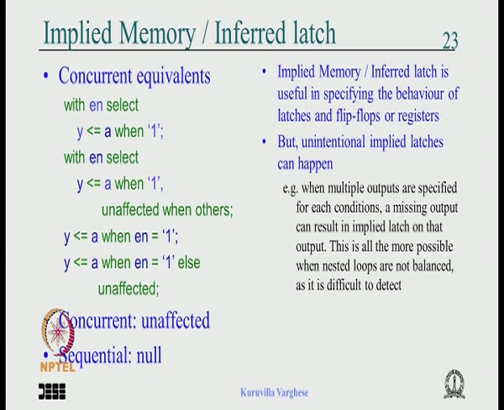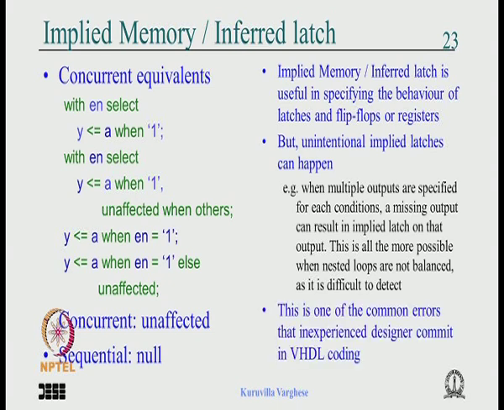I tell you, what I have seen is that this is a very common error an inexperienced designer commits in VHDL coding, this implied latch. Not in simple cases, because there it is very evident, but when you have multiple outputs and very complex, unbalanced nesting, then you are bound to make a mistake.